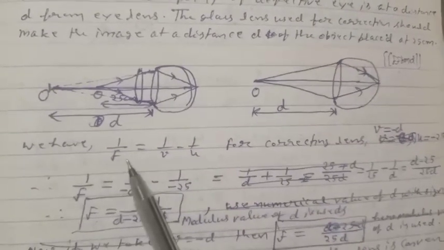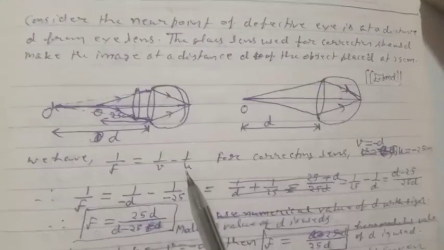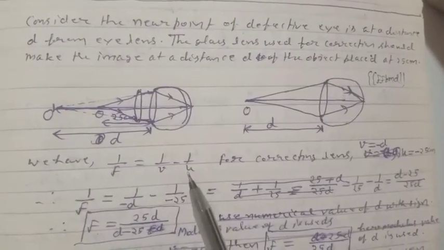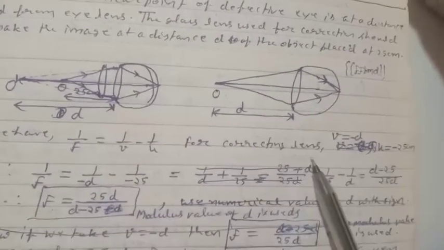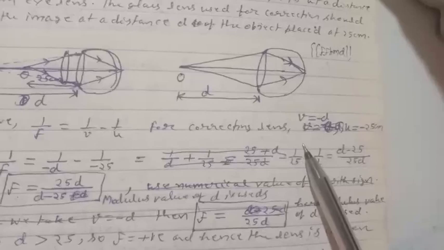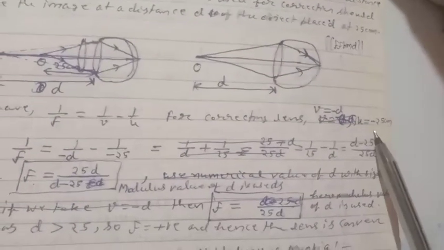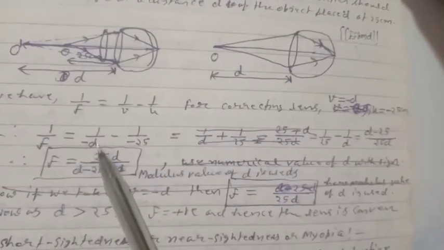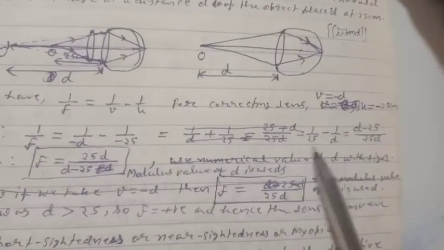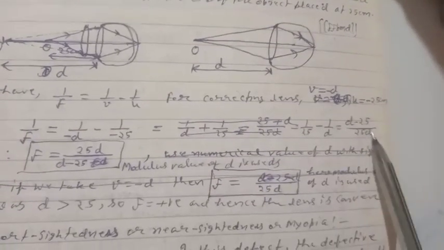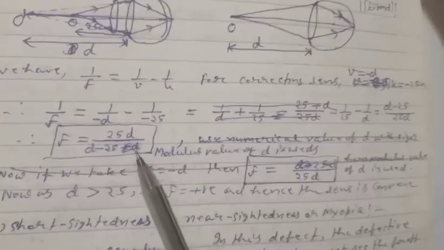So we have 1/f = 1/v - 1/u. For the correcting lens, v = -d and u = -25 cm. So 1/f = 1/(-d) - 1/(-25) = 1/(-d) + 1/25 = (d - 25)/(25d). Hence f should be 25d/(d - 25).